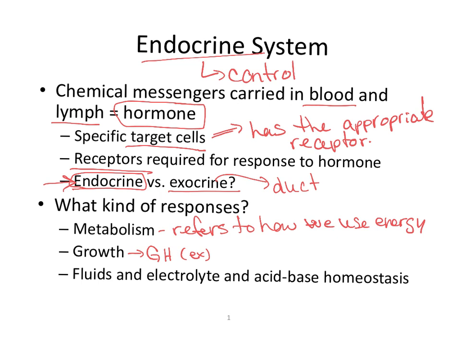And we also have hormones that regulate the fluids, so where the water is and how much water is in our body, electrolytes, ions, as well as acid-base homeostasis. This is just a small group of the kinds of responses we can get from the endocrine system, but that's just a basic overview. We're going to come back and hit this again a couple of times.